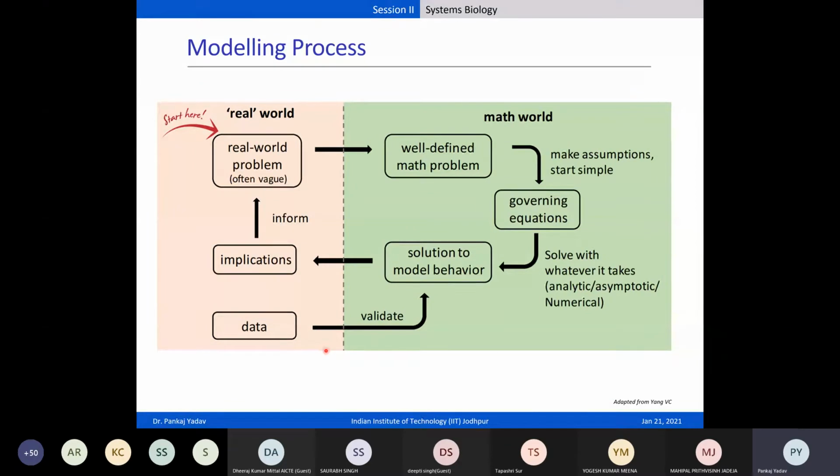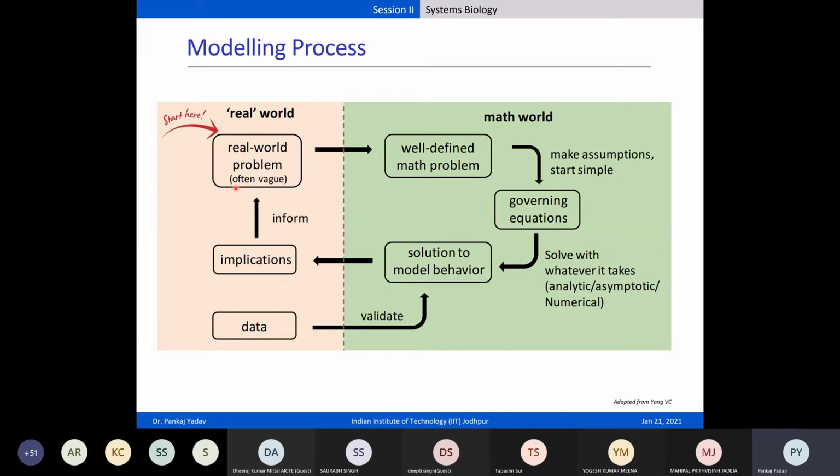In general, we can categorize this whole world into, let's say, the real world, and another world that is called the math world. In the real world, we have real world problems, like we want to study the function of some gene, or identify important genes in terms of biological questions, or understand which sequences are coding for which genes.